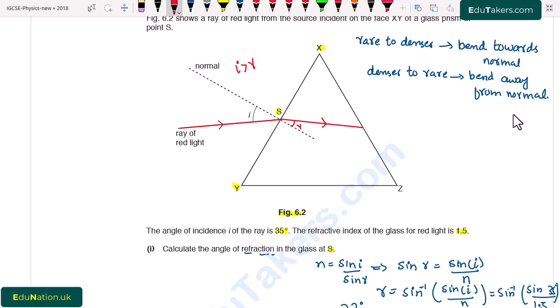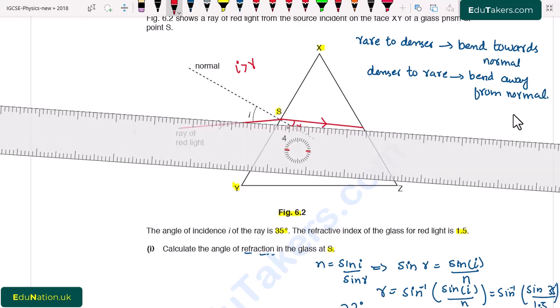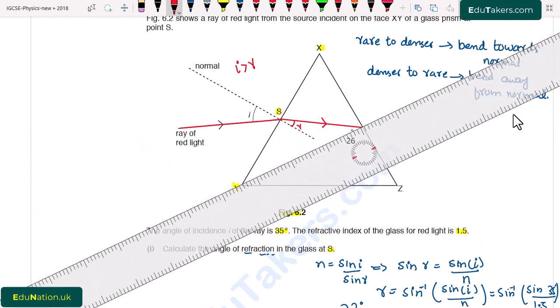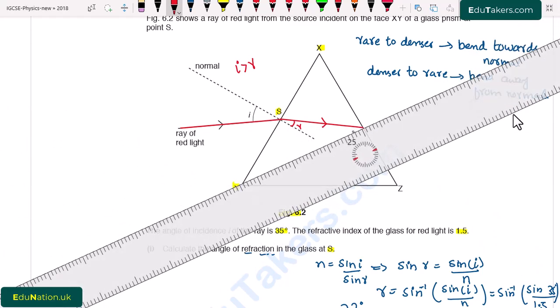Secondly, we also have to find out its path when it comes out of the prism. So first of all, for that I draw a normal at the surface. So it is the normal. Now we can see that this ray is coming from denser to rare medium, so it will bend away from the normal.